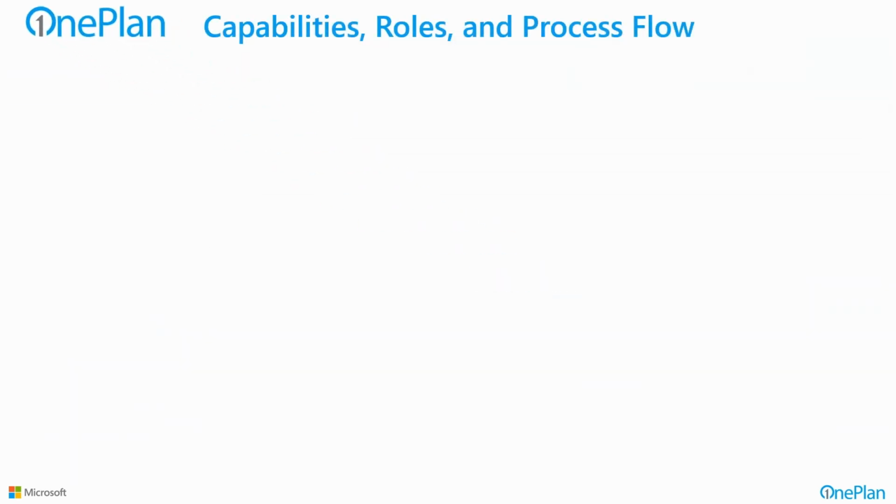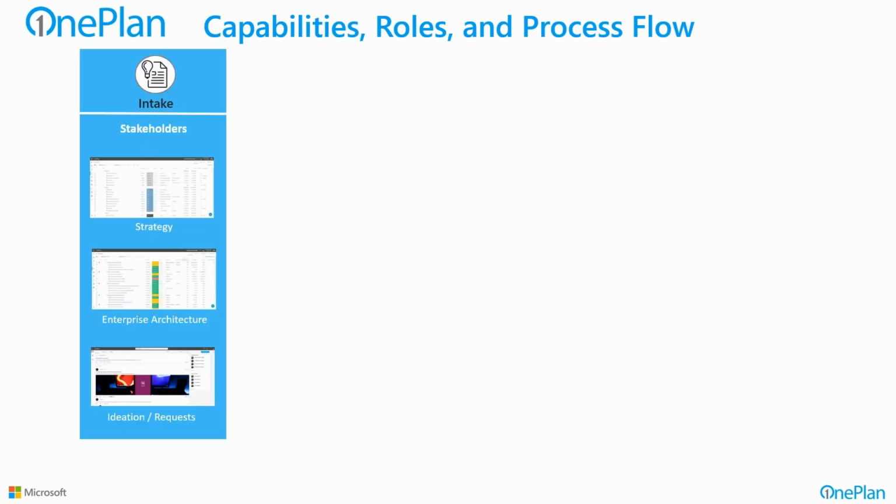So if we think about OnePlan overall and the capabilities in the process flow, and I'll go through this quickly because we're going to demonstrate this. We think about the intake. There's a possibility of having a strategic plan or objectives and key results that allow us to look at these plans and understand what leadership wants to do with this organization overall.